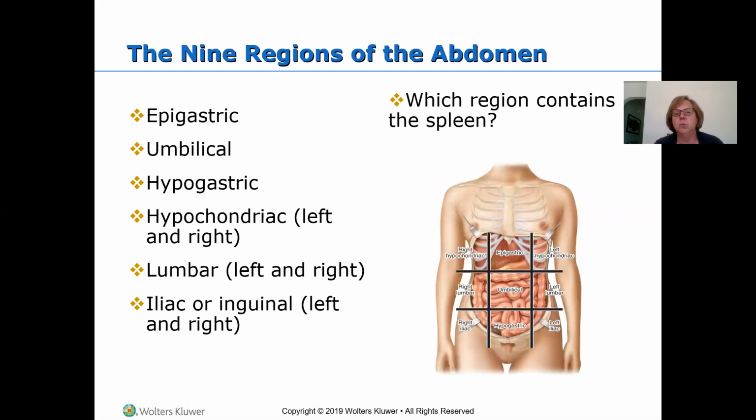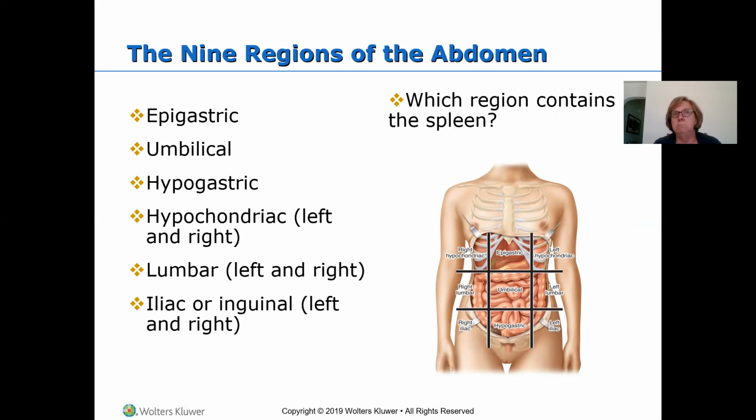Now, when we're describing an area where a patient might be indicating pain, we divide the body below the breastbone into 9 regions. If you look at the central portion of those 9 regions in that grid, the uppermost is called the epigastric.